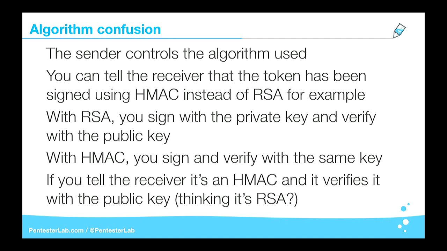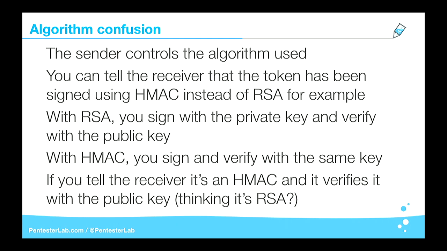But if I am an attacker and I got access to your public key, which I can get from a mobile app or from some JavaScript, anything, it's a public key. So as an attacker, I can tell you, actually you're not using RSA anymore, you're using HMAC.